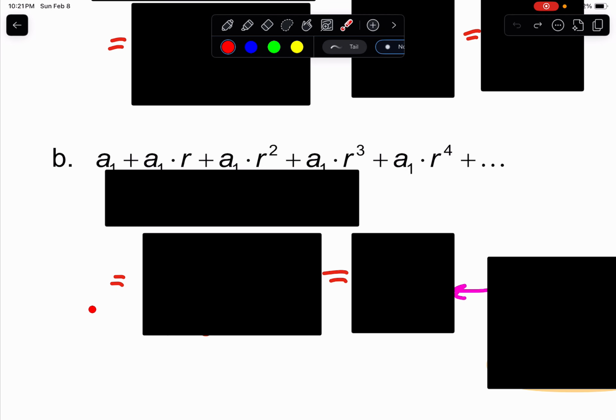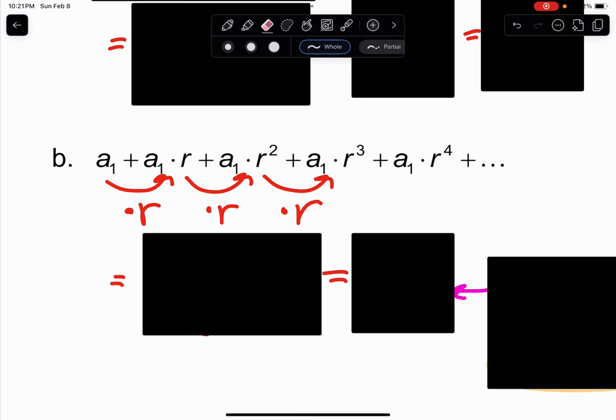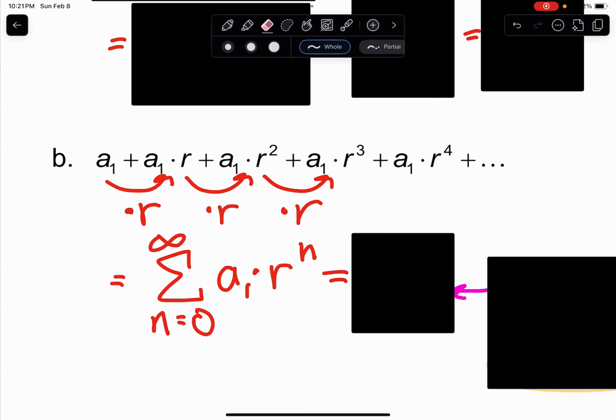because we're going to start with the type of series that you should have a lot of familiarity with, which is the geometric series, right? Because every term is multiplied by another r, which stands for the common ratio. If I wanted to write this in summation notation, n equals 0 to infinity, a sub 1 times r to the nth power.